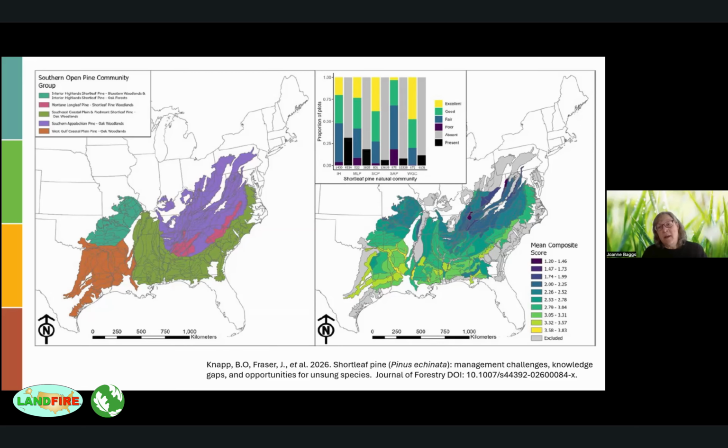You can clearly see from the graph on the right side of the screen, the yellow is where shortleaf pine has a reduced condition, all the way to better condition down in the coastal plain, where we seem to have a lot of fire on the ground, and prescribed fire up into the southern Apps, where the darker blobs are, where there's a reduced condition in our shortleaf pine ecosystems. So we can start to really look at those trends across the landscape instead of looking at each individual plot, which we can also do if we need to.